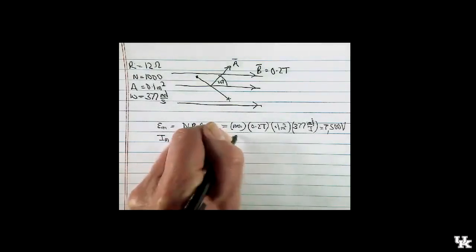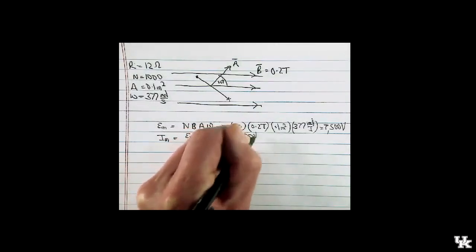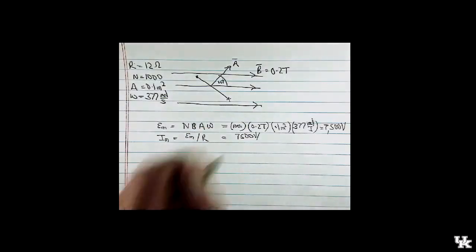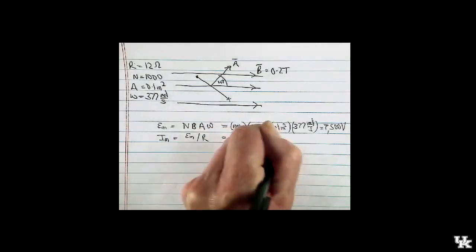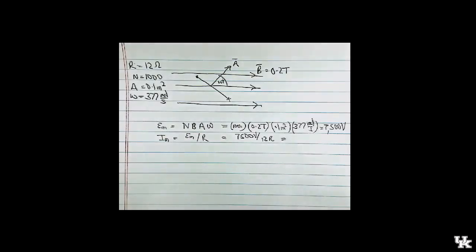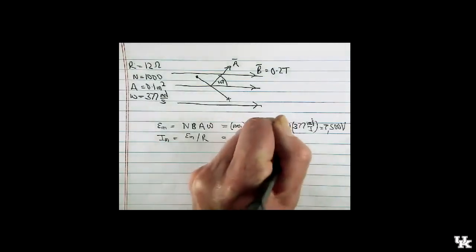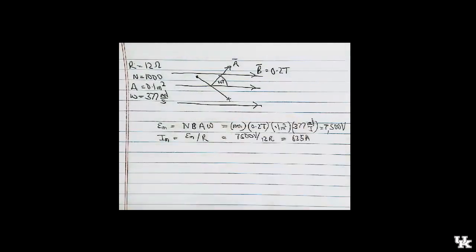All I've got to do is divide the 7,500 volts by the 12 ohms resistance of the circuit, and the current I got was 625 amps. So again, this is a huge current with rotational motion compared to the tiny currents with translational motion. The second part of the question asked me to write down an expression for the induced EMF and the induced current as a function of time.